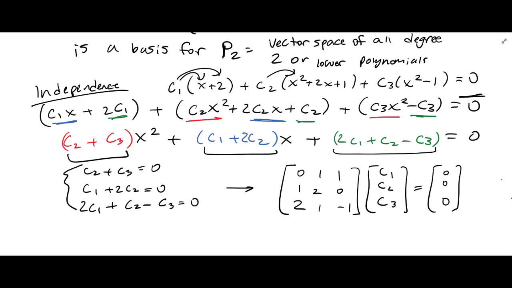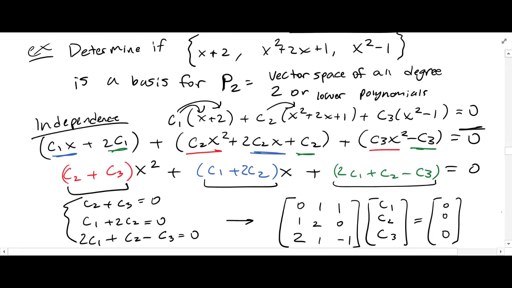If you compare this matrix to what the polynomials were up here, the first column of this matrix corresponds to this polynomial here. It has 0 x squared coefficient, it has 1 for the coefficient of x, and it has 2 for the constant coefficient.